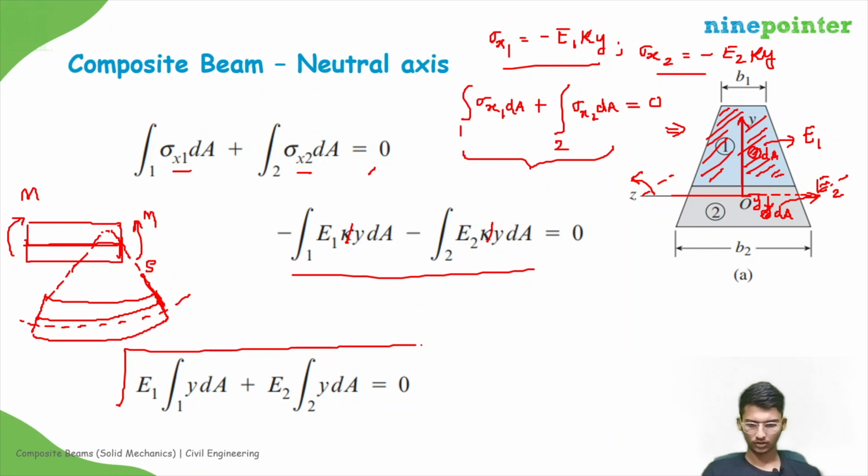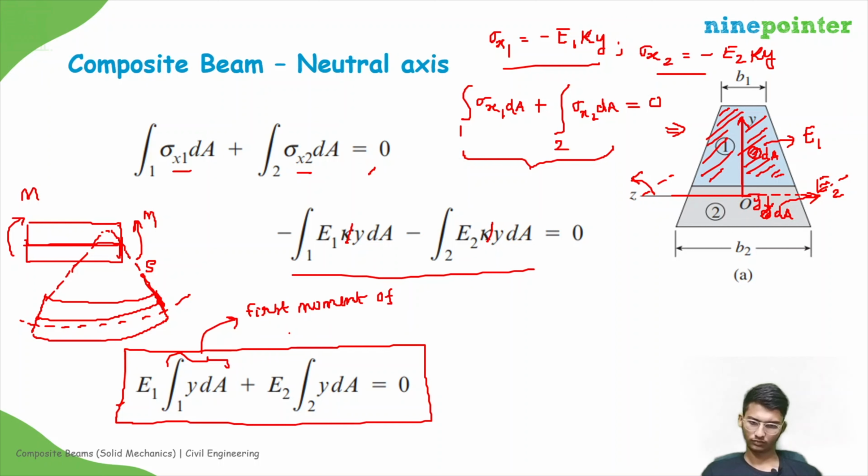If you see over here, this is the first moment of area of material 1 from the neutral axis, right?